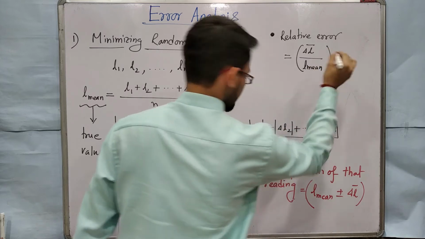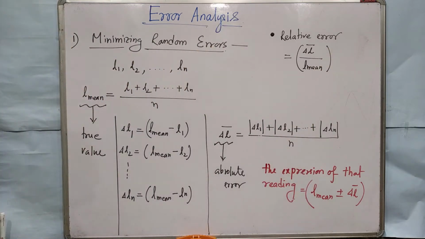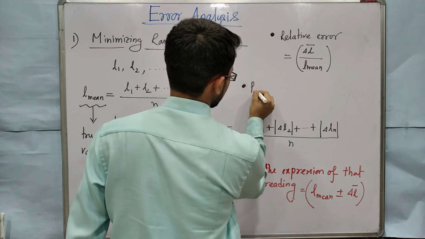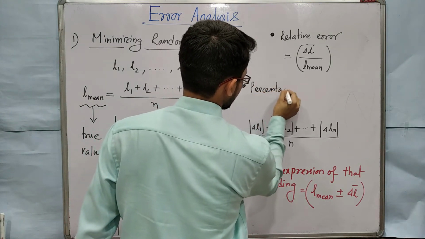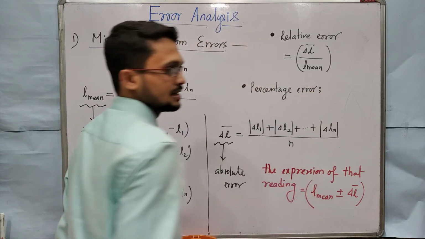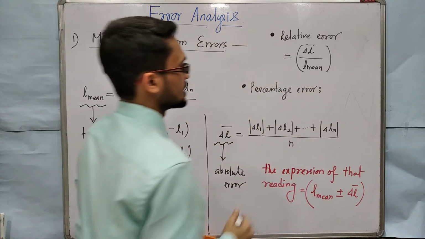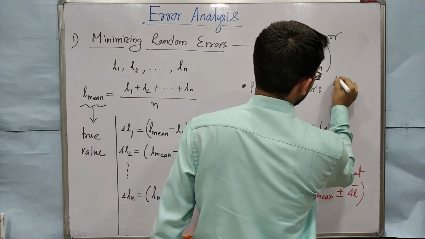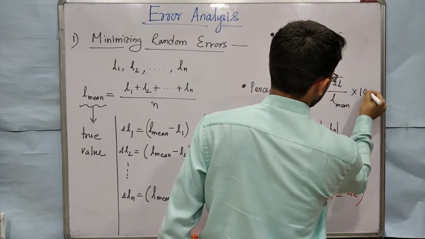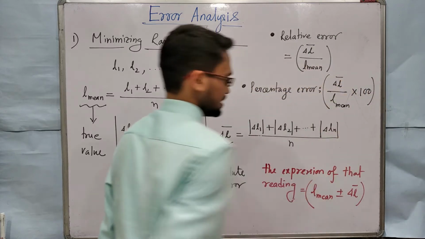Absolute error by true value gives the relative error. And the next one, percentage error, will be the relative error times 100. So delta L bar by L mean into 100, and you will get the percentage error.